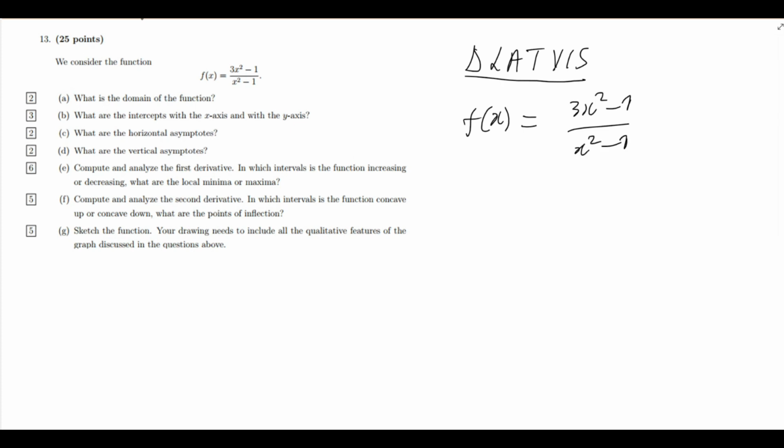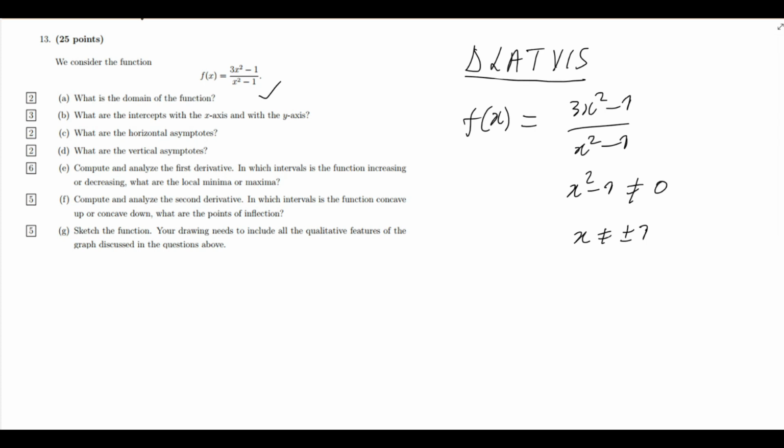So the domain will simply be all the set of real numbers except when the denominator, x squared minus 1, is equal to 0, meaning when x is plus or minus 1. So the function f of x exists on the set of real numbers except when x is 1 and negative 1. That is the answer for A.